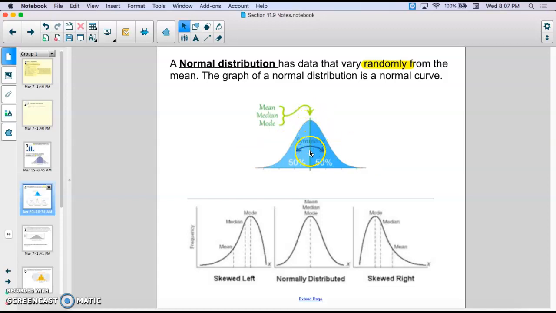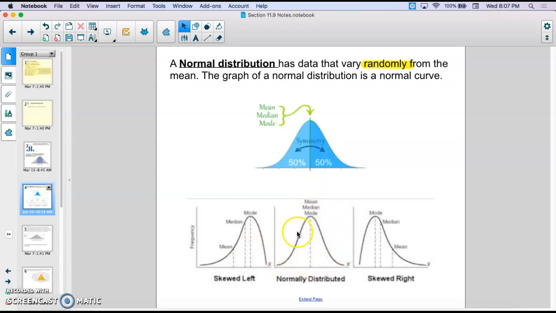You'll notice this is the mean. If it's perfect, it's also the median, and if it's perfect, it's also the mode. Then 50% of the data is above that line and 50% is below that line, so it's symmetrical. That would be in an ideal world. Now things don't always happen nicely.